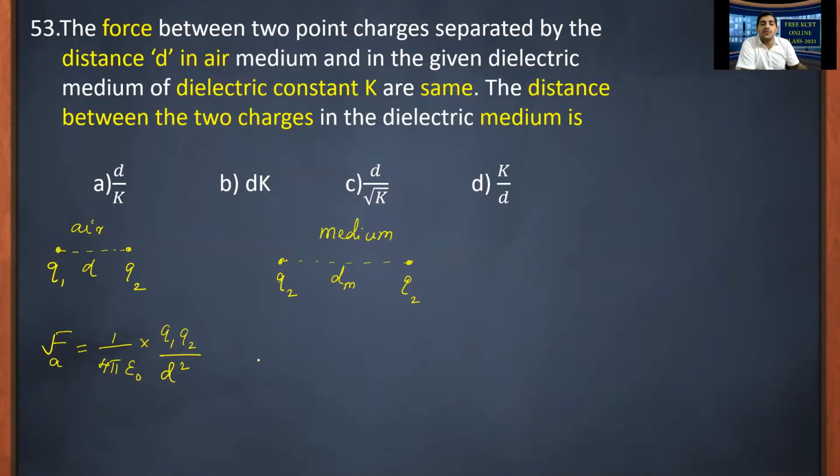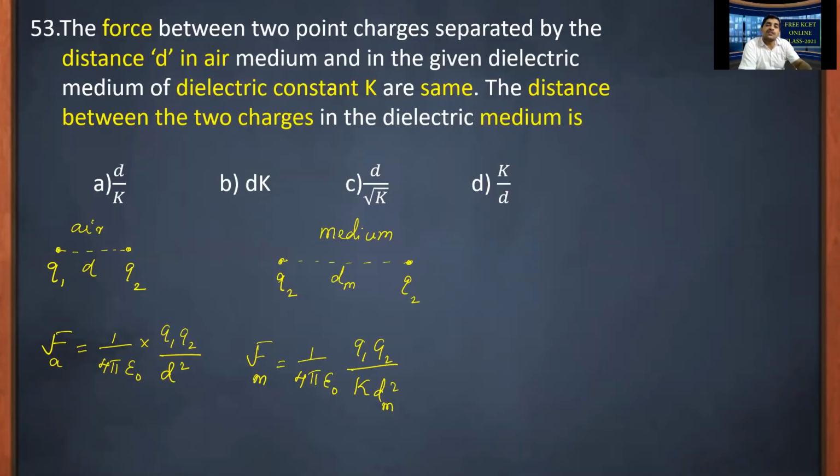Now what is the force? The force in the medium is equal to 1 by 4 pi epsilon naught Q1 Q2 divided by K into dm square. I simply took the K from here to here, for easier comparison.